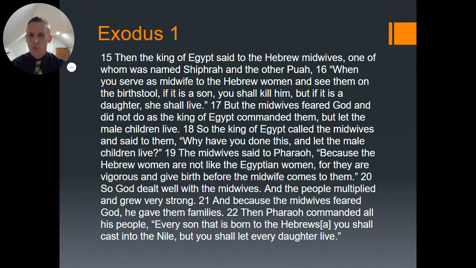So God dealt well with the midwives, and the people multiplied and grew strong. Because the midwives feared God, he gave them families. Then Pharaoh commanded all his people, "Every male born to the Hebrews, you shall cast into the Nile, but you shall let every daughter live."